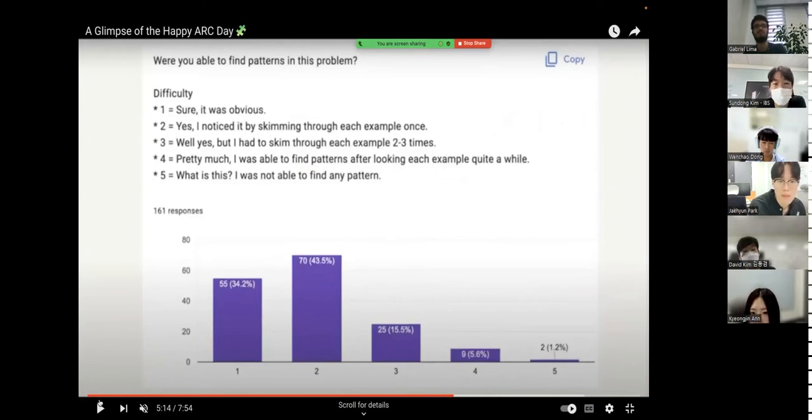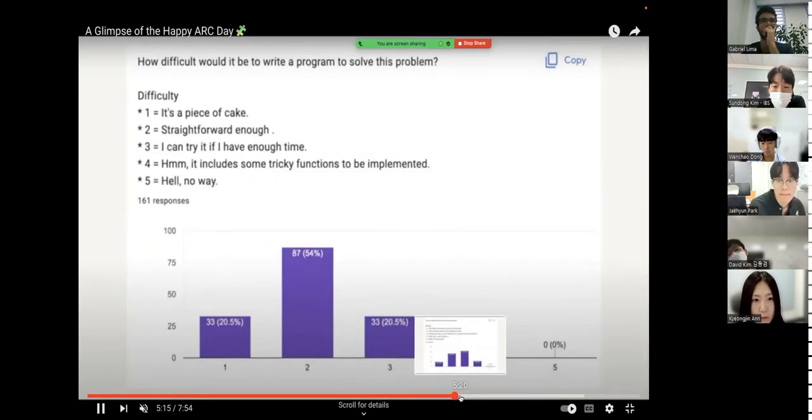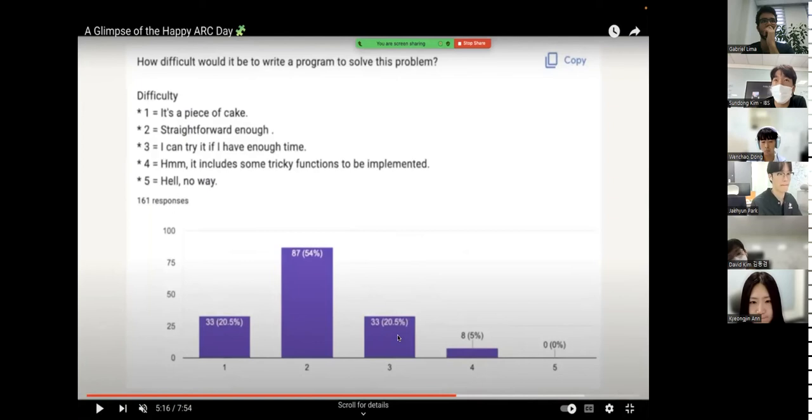Looking at the curve, people found that for most of the problems, the pattern inside is obvious, or at least very easy. But when we look at the difficulty for computers, we can see that there are more examples that people felt it was difficult to build a program for. Even when building a single program for each specific example, they feel it is slightly more difficult.